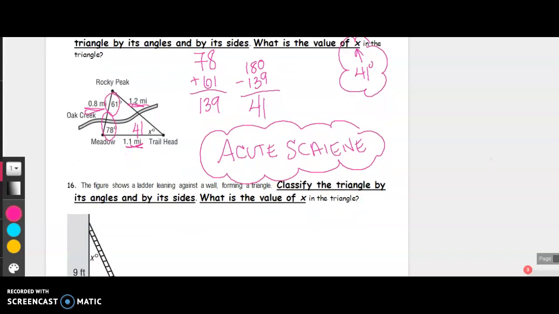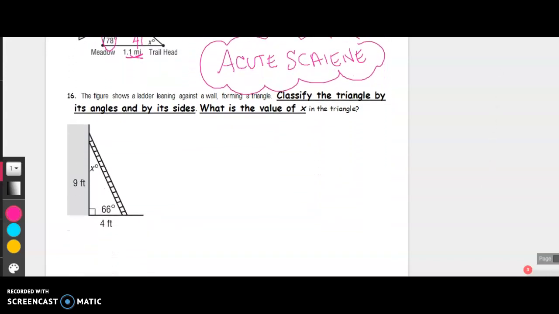Okay, and last question on our review sheet. Classify the triangle by its angles and sides. Now this one only gives us one angle. How do we know what the second angle is? Well, we know this little box here means 90 degrees, so that's really important that we know that. So let's add our 90 and our 66.